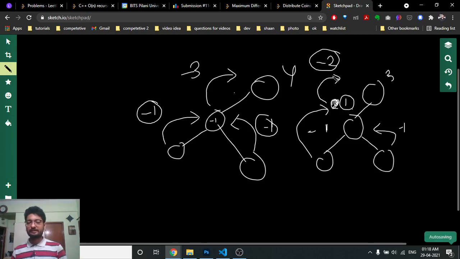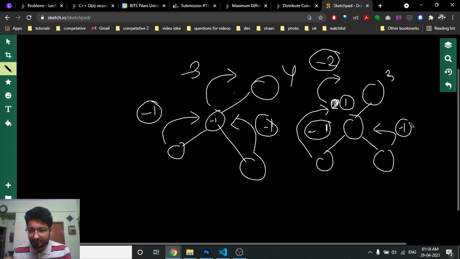What is actually sent here is the value from the left part, the value from the right part, and the value from this node -1, because -1 means this node is also taken into account. This coin is taken by this node, so I have to also take -1 for this node.